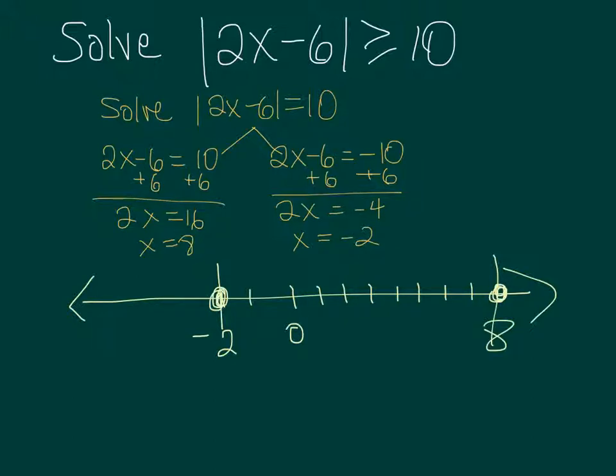We didn't really want to solve the equation, though. We really wanted to solve the inequality. We're looking for places where the absolute value of 2x minus 6 is greater than or equal to 10. So let's choose a test point that's less than negative 2. How about negative 10?